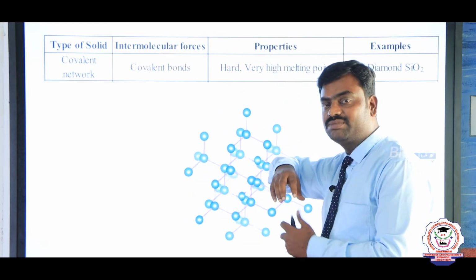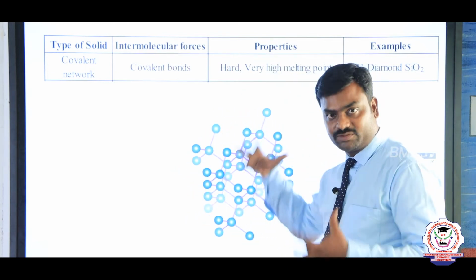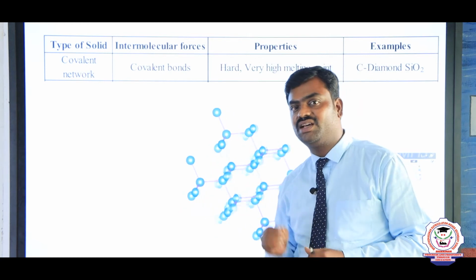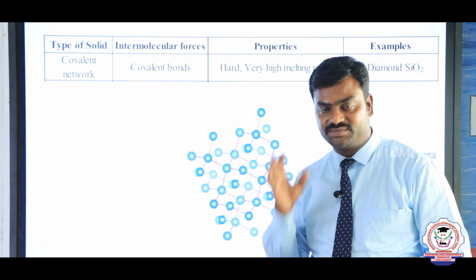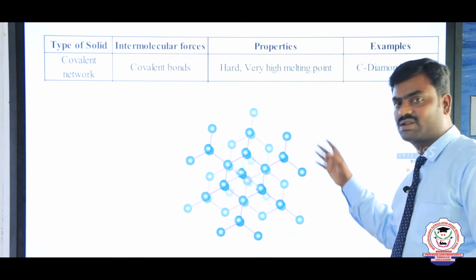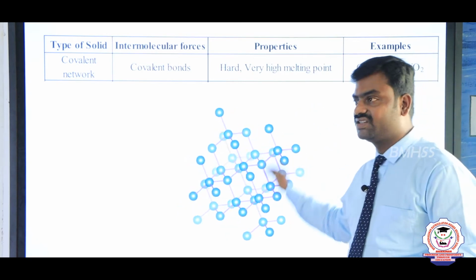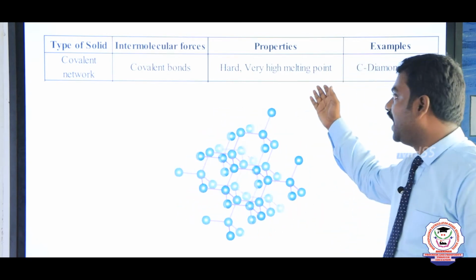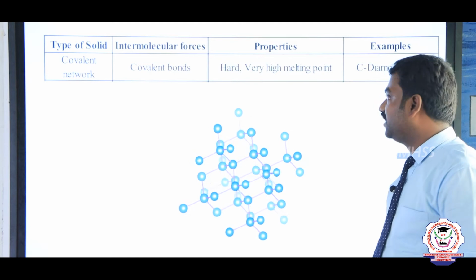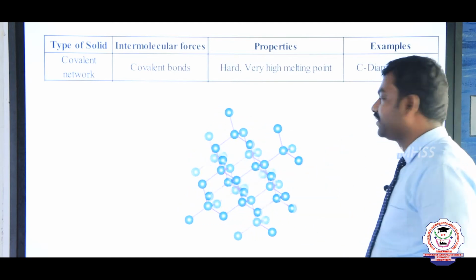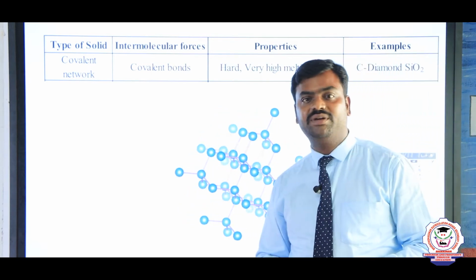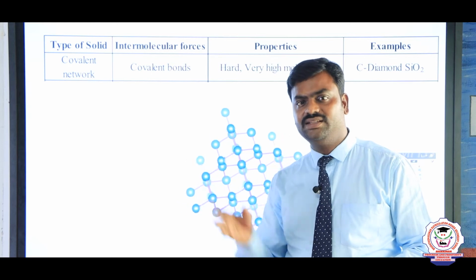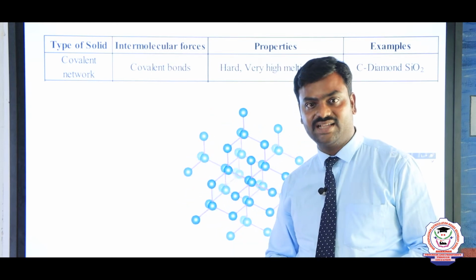So the bond is making a very big network. Because of that, they make a perfect crystalline solid. So these are known as covalent network crystalline solids, and they show hardness and very high melting point. The best examples are diamond and silicon dioxide. Actually, silicon dioxide is referred to here as quartz.